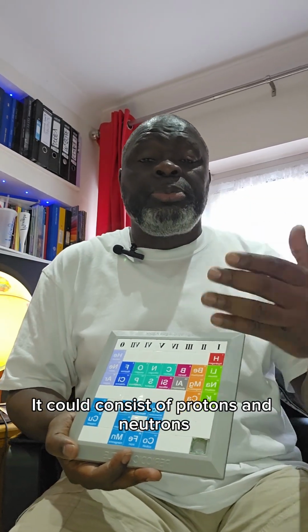For atoms, the nucleus, or nuclei, consists of protons and neutrons. But in the case of hydrogen, it's just a proton, it hasn't got a neutron. So the two nuclei fuse to form helium.